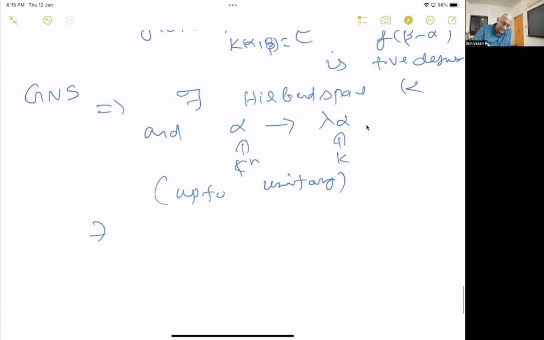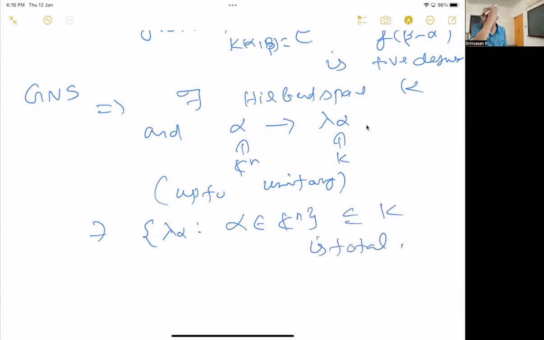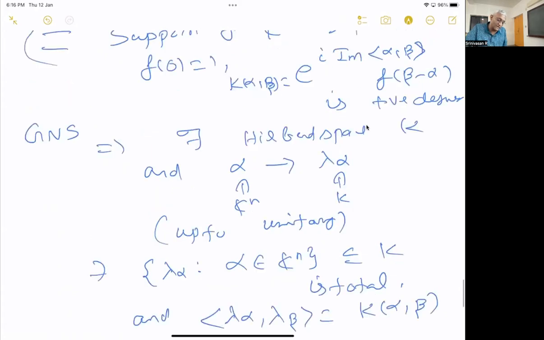Such that this set of lambda alpha in K is total: the closure of the span is K. And the inner product of lambda alpha and lambda beta equals K(alpha, beta), where K and the other things are defined.